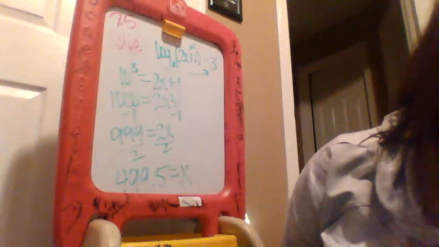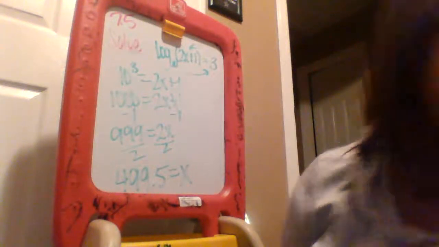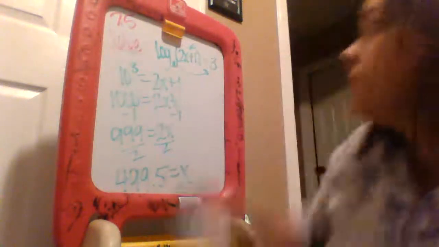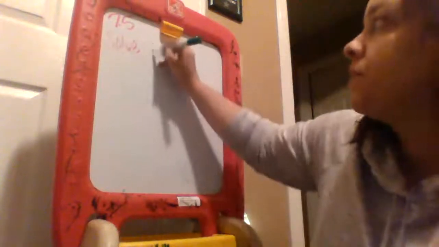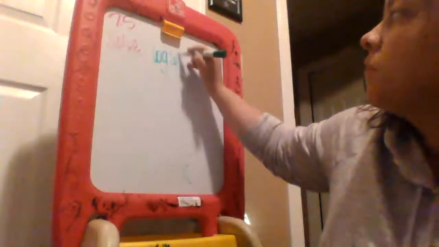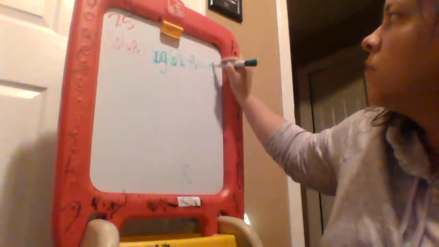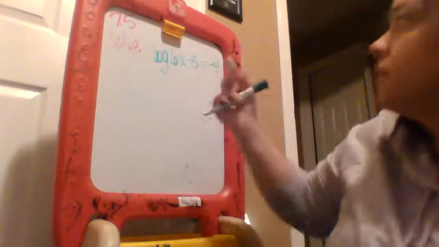Let's see. I'm going to do one more just because some people are like, I'm super confused on what to do. I don't know what to do here. Okay. So that last problem that we just did, the part that was in the log was in parentheses. On one like this, the log is only of the 6x.